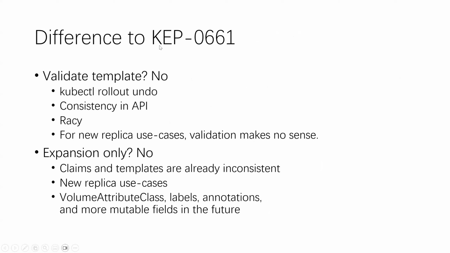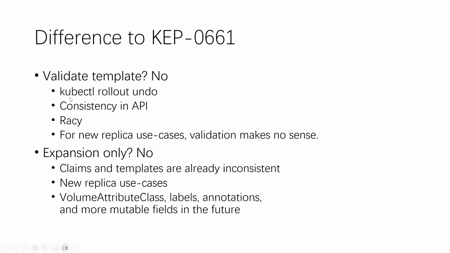The previous KEP proposed to validate the template, that is, only allow updates to templates whose storage class allows expansion, and reject if it does not. But I don't think this is a good idea.